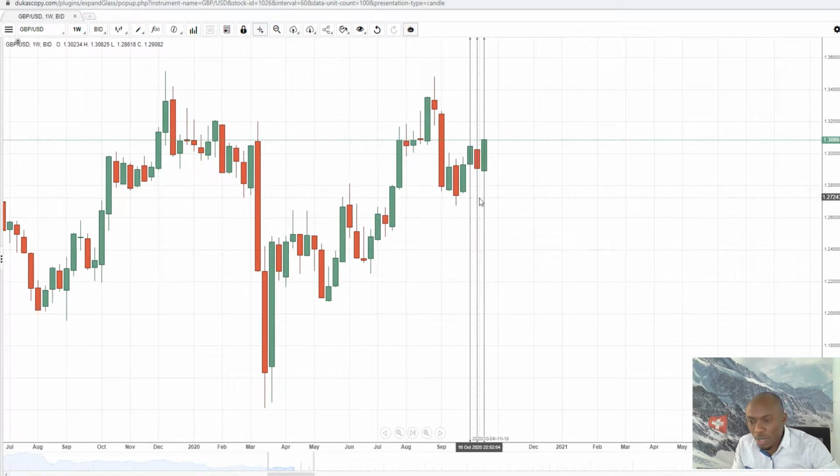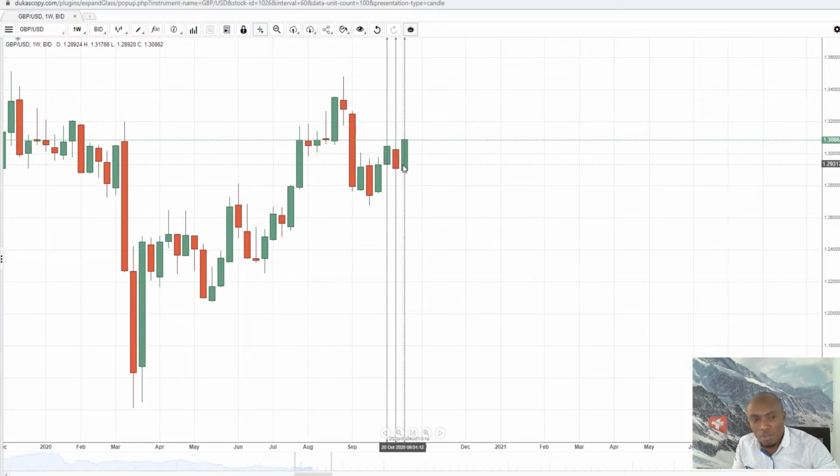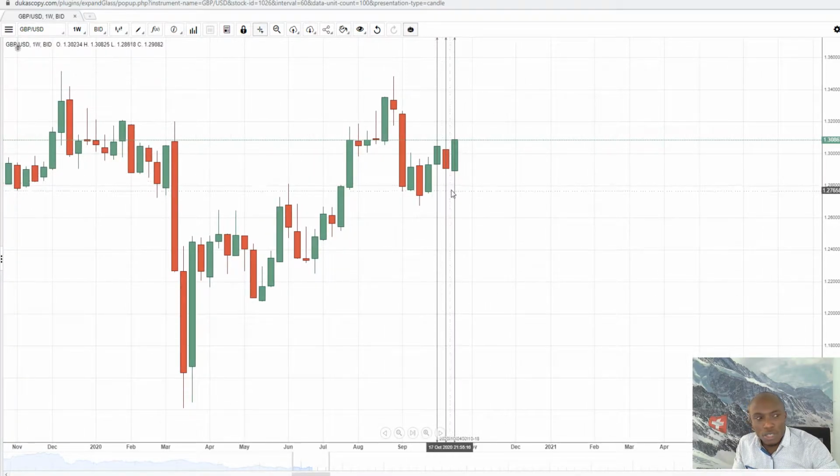So for the last 3 weeks, we can see that this price has made a bullish move, a bearish move, and a bullish move. And if you see this bearish move, you can see that this bearish movement did not break this bullish momentum. So we can assume that the price will continue moving to the upside, because when did this bullish move start?